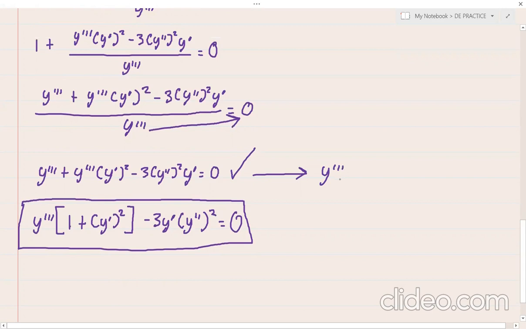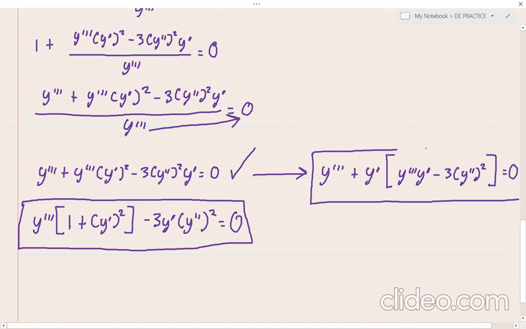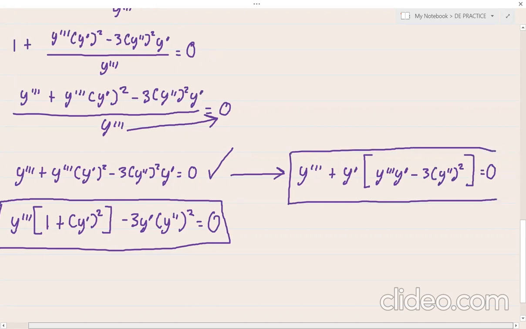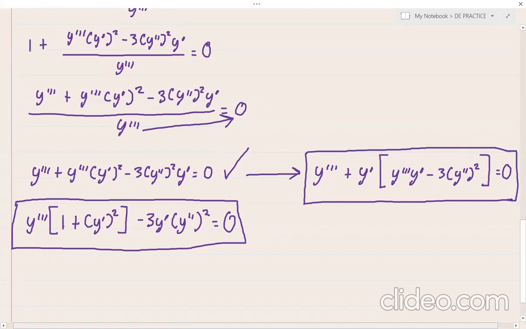So, we will have y third prime plus y prime times quantity y third prime times y prime minus 3 times the square of y second prime, and that's it. Okay? So, ito, pwede rin to as your final answer. Okay? Pwede na rin to. So, pick which one would you prefer. So, basically, that's it.